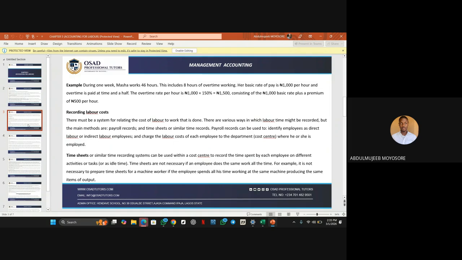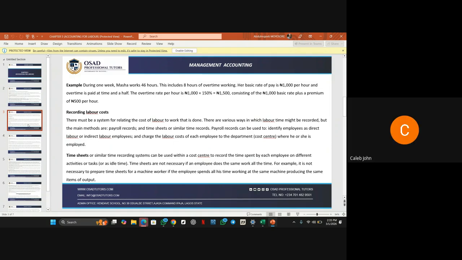Hour and a half means the normal pay plus half. Plus half is 500, making 1,500. That's where you see 1,000 times 150%. If you do 1.5 times 1,000, it will still give you 1,500. That's how much they pay her for overtime.